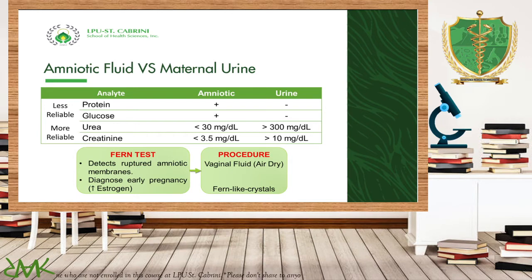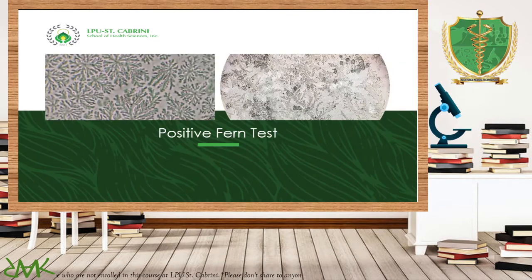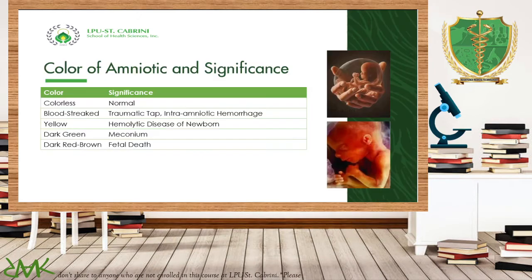A positive test will give you fern-like crystals. The appearance of fern-like crystals is due to the protein and sodium chloride content in a positive screen for amniotic fluid. And this is how it looks like. That is a sample positive for Fern test, and that sample suggests that that is your amniotic fluid.